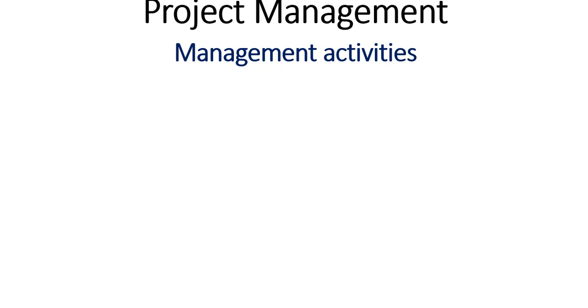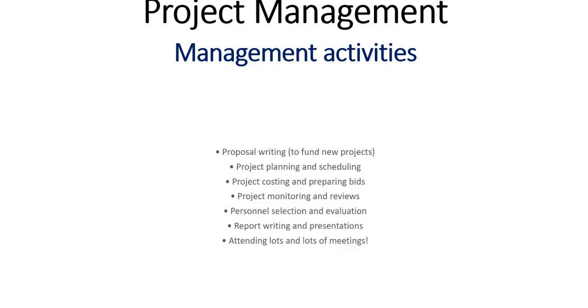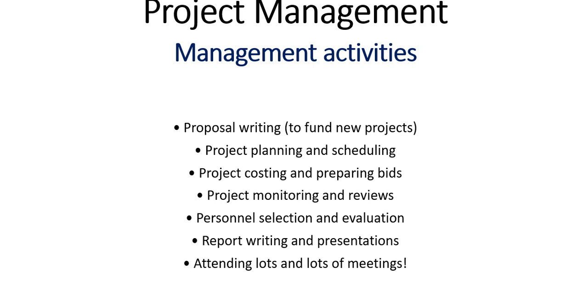Now the activities include proposal writing. Normally we write proposals to fund new projects. We write proposals to get an understanding of what is needed or what needs to be done.